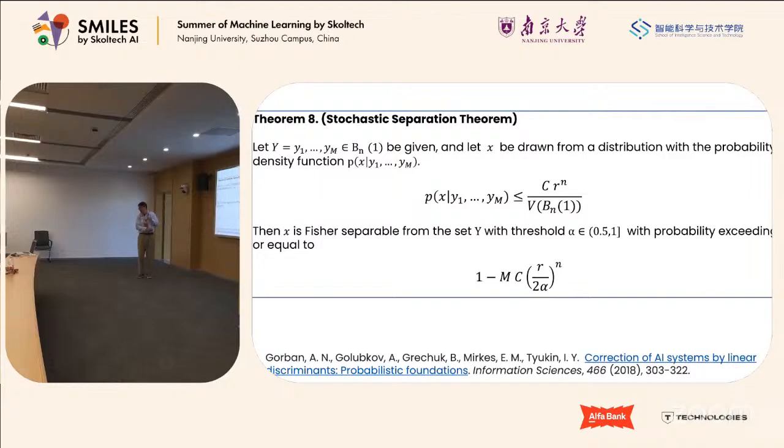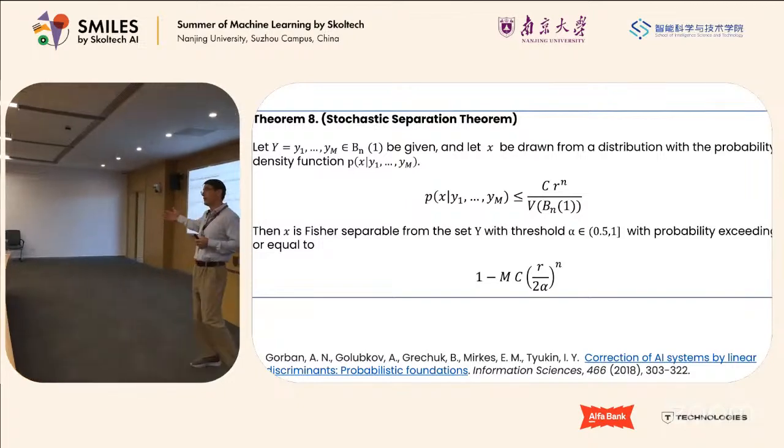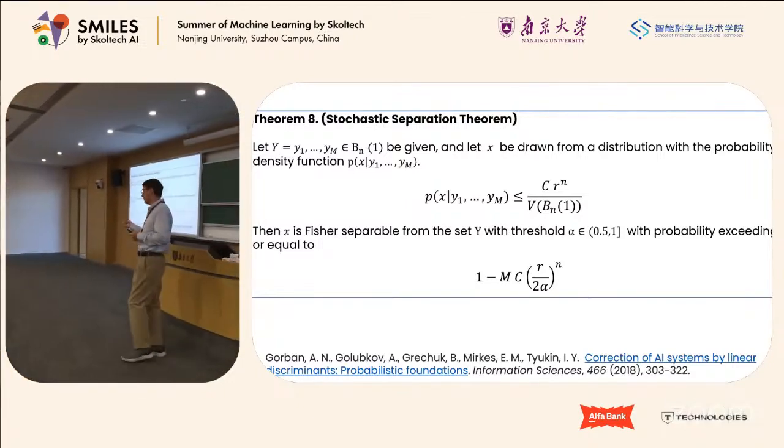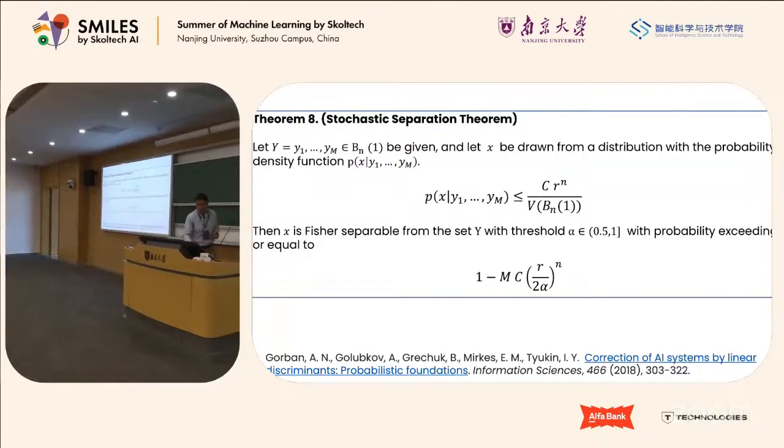And you see that this probability is going to be close to 1 exponentially in dimension. This is one of the blessings of dimensionality when it comes to posterior certification of robustness and accuracy in your AI models.